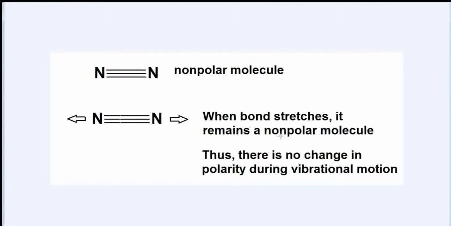There's no change in dipole moment during the vibration cycle of N2. Thus, it does not behave as an oscillating electric field, and it cannot absorb a light photon, even if the photon hitting it has the same frequency as the N2 vibration.